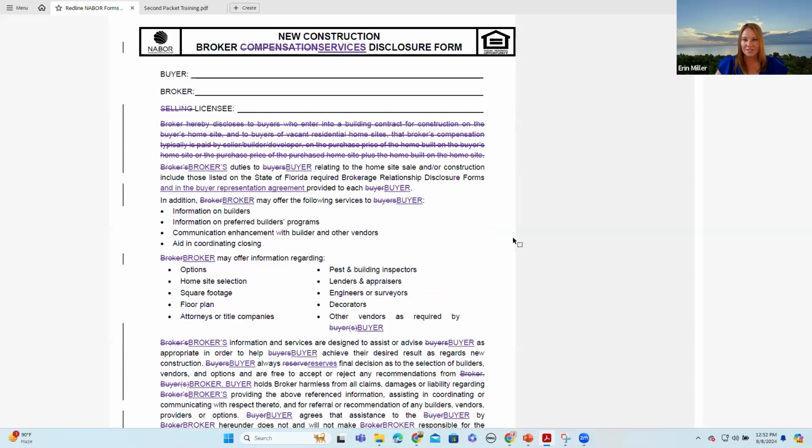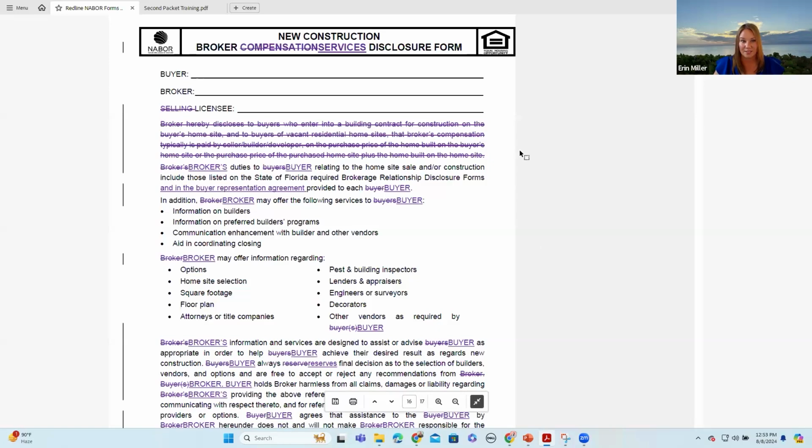All right. The last form in packet number 1 is the new construction disclosure, new construction compensation or broker disclosure form. We removed the word compensation because you'll still need a buyer broker agreement. Even if you're selling new construction, you are a realtor, you will need a buyer broker agreement. This is just related to some of the services that a buyer broker may offer to a buyer when dealing with new construction.